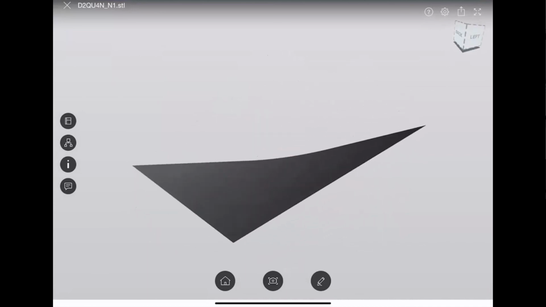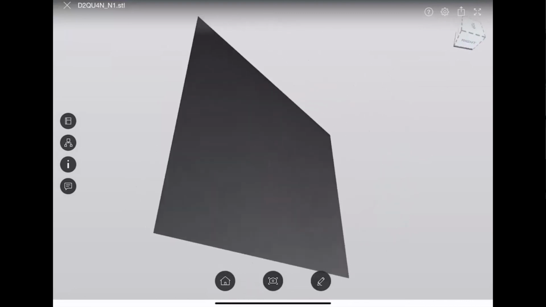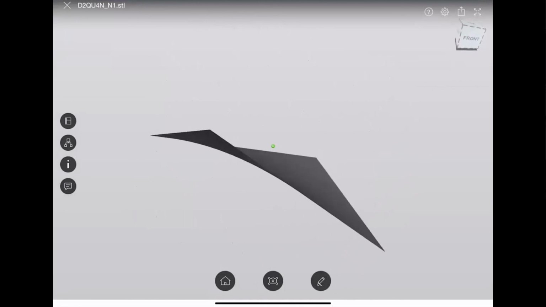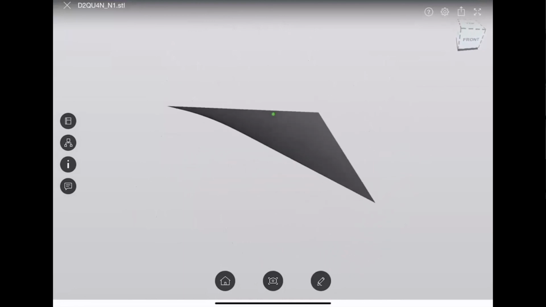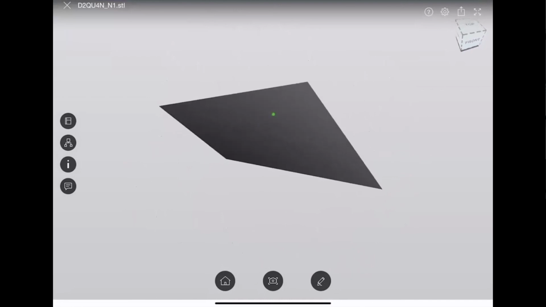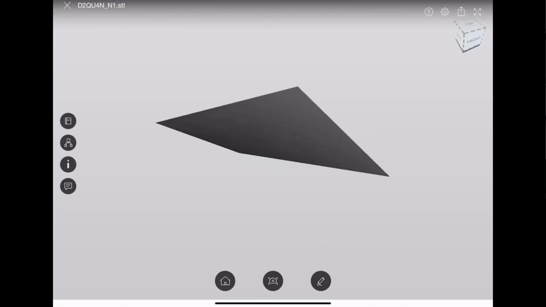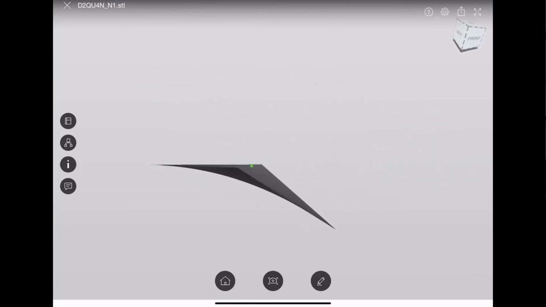So if you look at this edge, it is a line, right? And if you look at the other edge here at the back, it's also a line. But you can see it is actually a curve in the center. Let me see if I can make that more obvious.